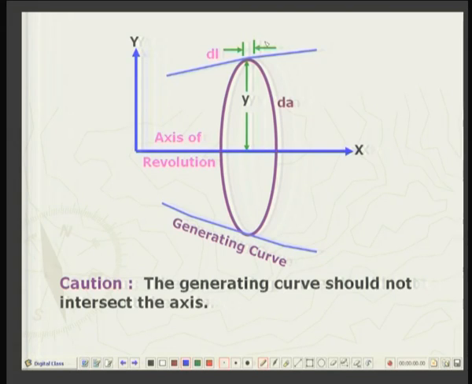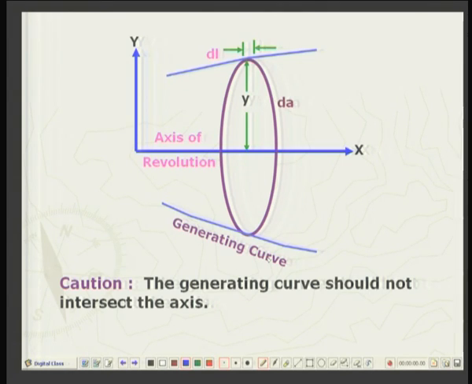Here is a generating curve, an arbitrary curve which may be smooth or piecewise smooth, and this generating curve is being revolved around this axis which we are taking as the x axis, and during the revolution the surface is being generated.